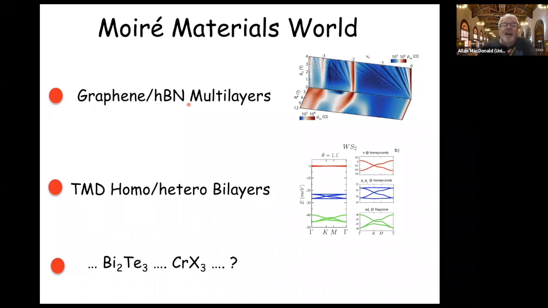But there are other examples of Moire superlattices, for example, one in which a lot of experimental progress has been made, and it's very important and exciting, I think, is transition metal dichalcogenide homo or hetero bilayers. And basically those systems provide a realization of physics that's very close to what commonly occurs in strongly correlated materials.